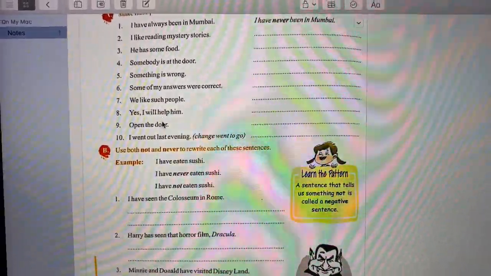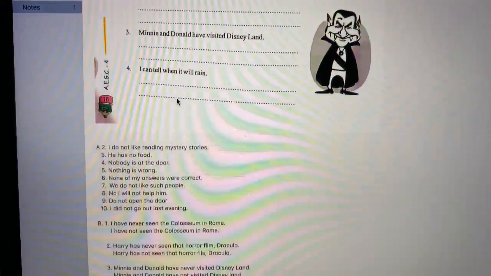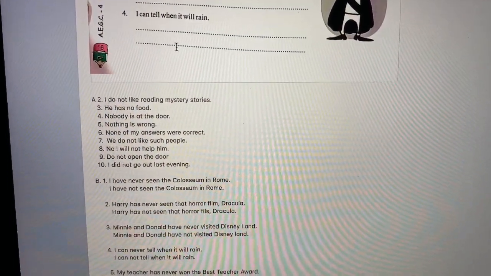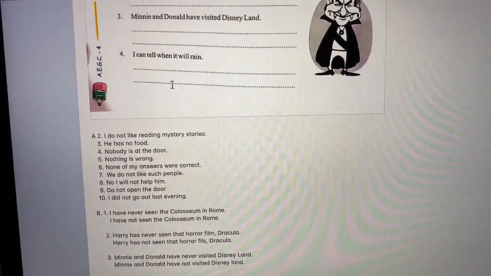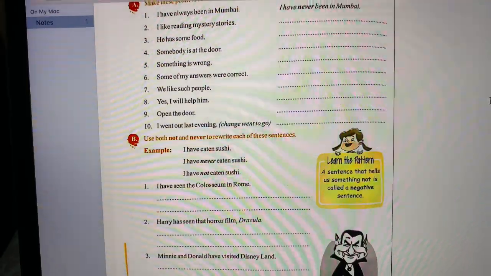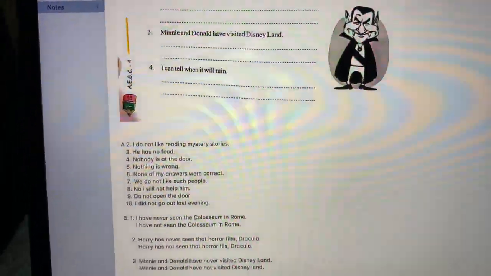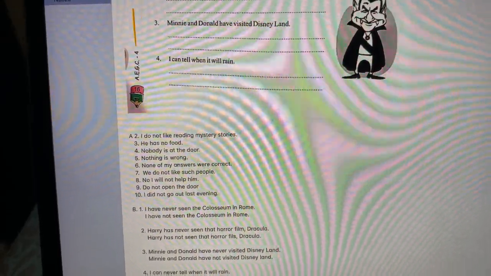Then we have, something is wrong. So to turn this to a negative sentence, it will be, nothing is wrong. Okay. We go on to the sixth one, and you have, some of my answers were correct. If you want to turn this to a negative sentence, it would be, none of my answers were correct.